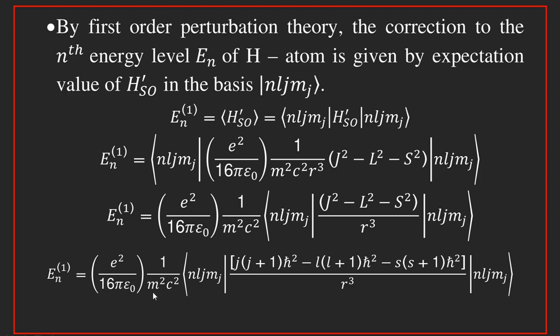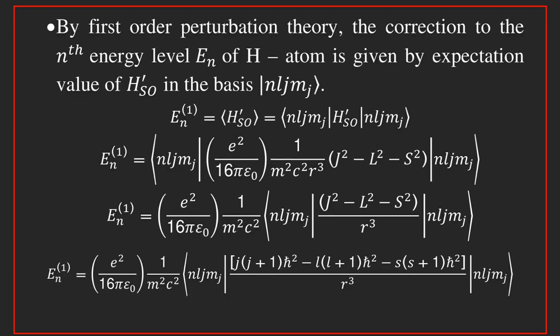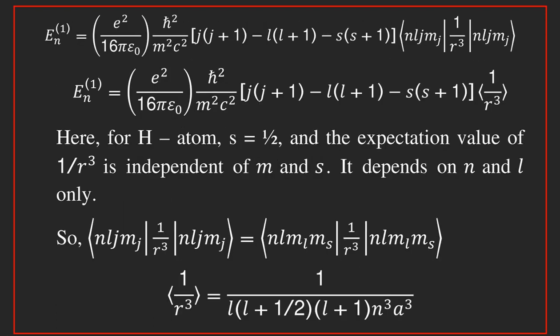So that is equal to, now J square operating on this one gives J into J plus 1 H cross square, L into L plus 1 H cross square, and S into S plus 1 H cross square, by R cube. So we can take the H cross square outside. We get E square by 16 pi epsilon 0 H cross square by m square c square, and J into J plus 1 minus L into L plus 1 minus S into S plus 1 can also be taken out, because they are now constants.